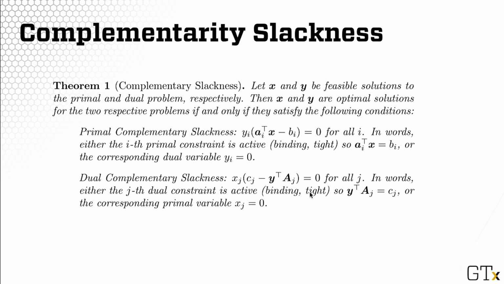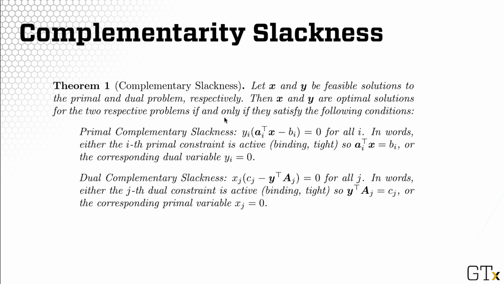So this is the complementary slackness theorem. And it turns out that this is equivalent to strong duality, meaning if the complementary slackness conditions hold, then strong duality holds, and vice versa.